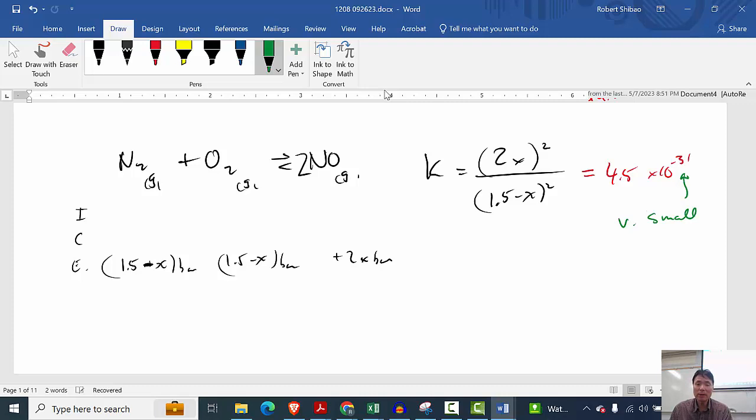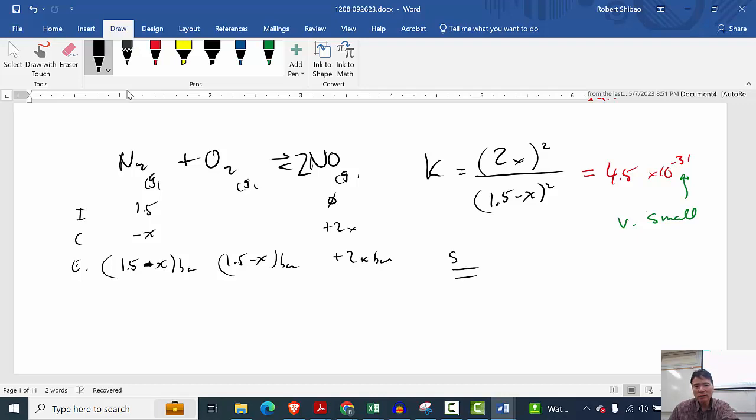We don't expect to make that much product. And so what we're going to say is that initially we started off with 1.5, and then we're losing x. So compared to 1.5, x is very small. But the 2x we keep, because compared to 0, 2x is significant.